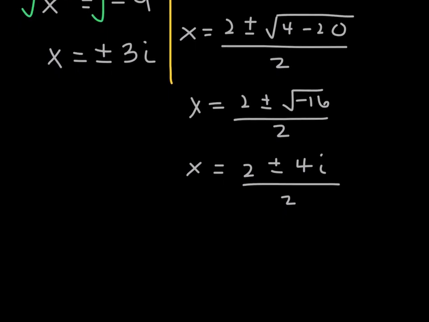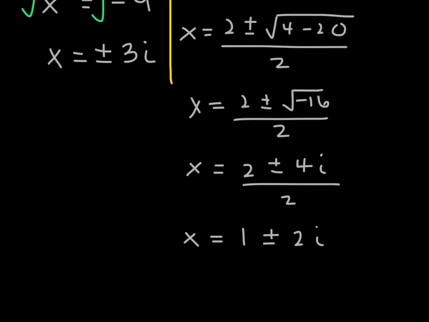Notice that every term is divisible by 2, so I'll divide everybody by 2. Divide the 2 into this term and the 2 into that term. And so when you do that division, you get 1 plus or minus 2i. So the solutions for this equation are also imaginary. They're also non-real.